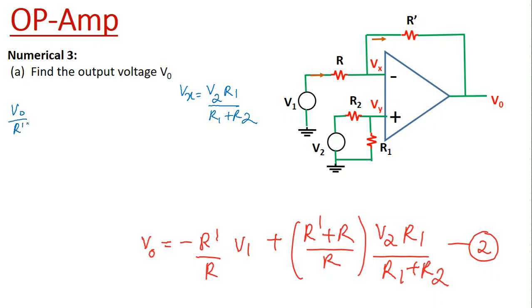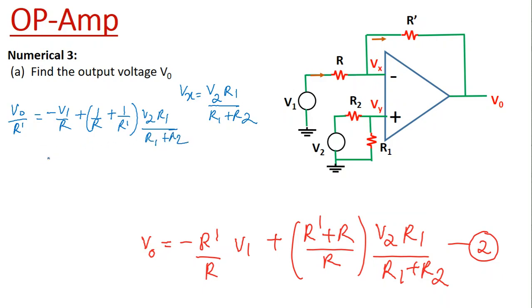Vo by R dash is equal to minus V1 by R plus (1 upon R plus 1 upon R dash) into Vx, means V2 R1 divided by R1 plus R2.